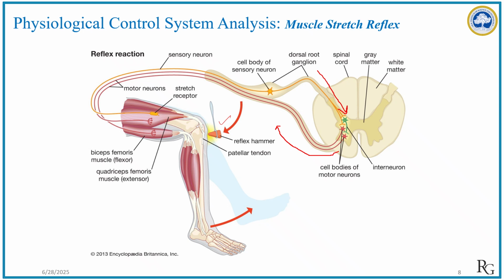These efferent neural impulses that are sent back to the thigh muscles produce a contraction of the muscle, which acts as a straightening of the lower leg. So the leg gets straight, and this movement has been achieved.